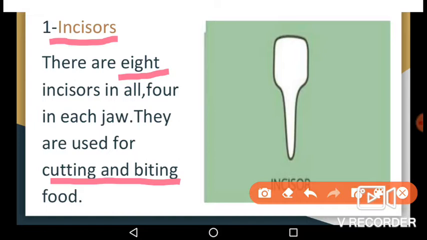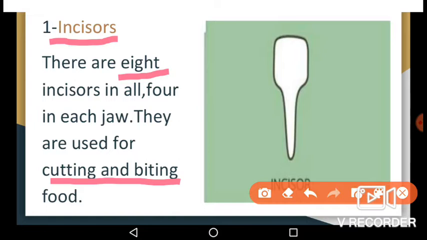The first is incisors. Your 8 incisor teeth are located in the front part of your mouth. You have 4 of them in your upper jaw and 4 in your lower jaw. Incisors are shaped like small chisels.